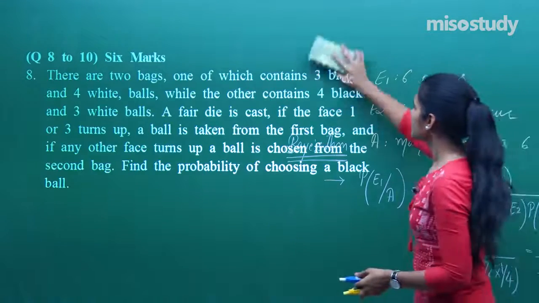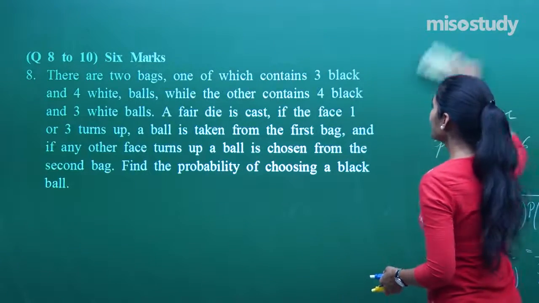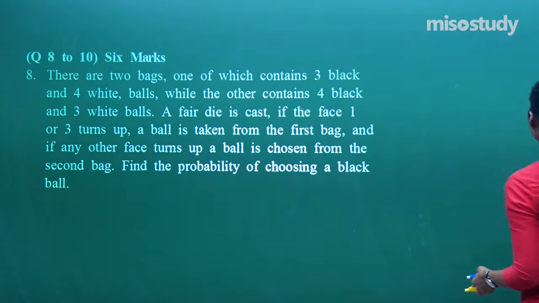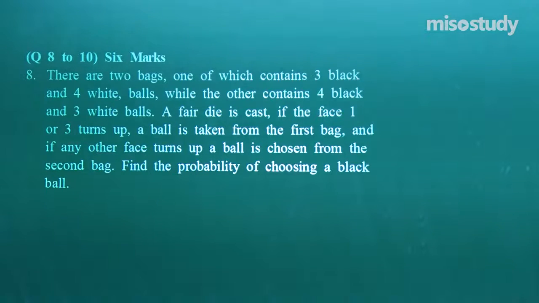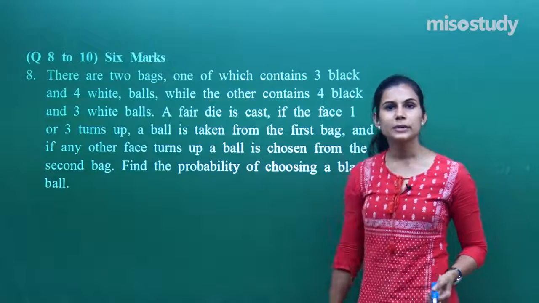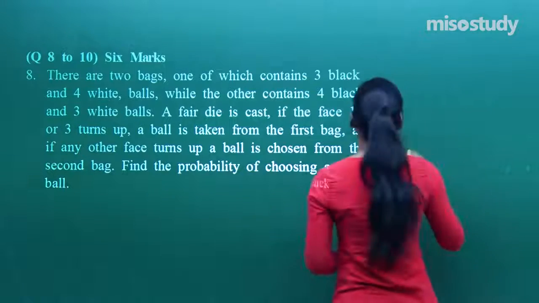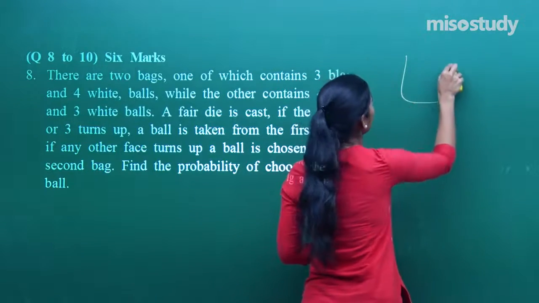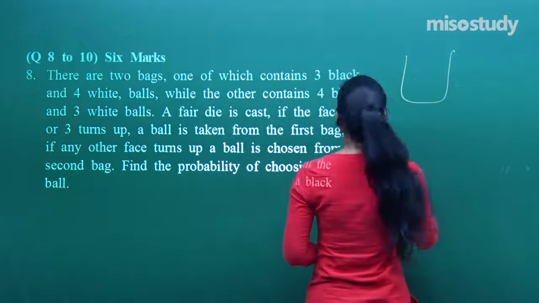Coming up next is, there are 2 bags. One contains 3 black and 4 white balls. Let's just try to draw the scenario so that we don't get lost in the question. That's always advisable. The moment you see a question of large length, try to diagrammatically present as much as you can. So suppose this is your bag 1, 3 black, 4 white balls.